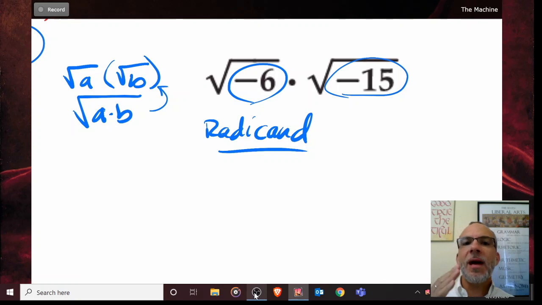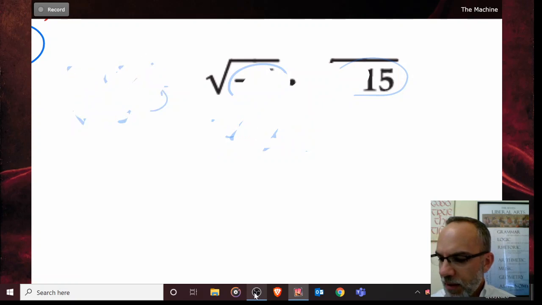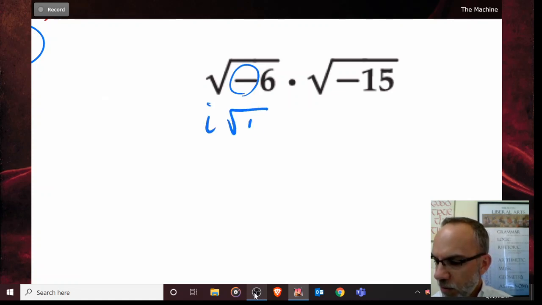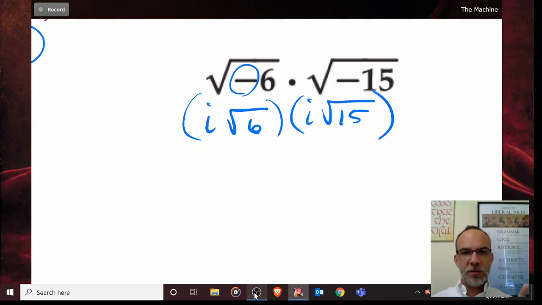You need to do the imaginaries first. The negatives here don't cancel themselves out like they would if you were just multiplying negative 6 and negative 15. So let me do the imaginaries first. The negative comes out as an i times the square root of 6. And then that is multiplied by i times the square root of 15. Do you see how I've simplified out an imaginary from the radical first?